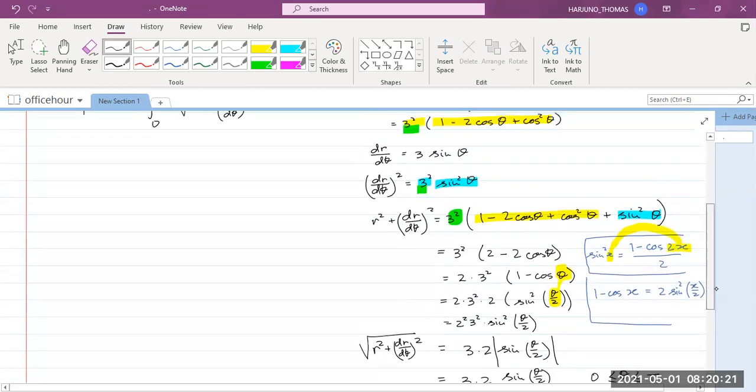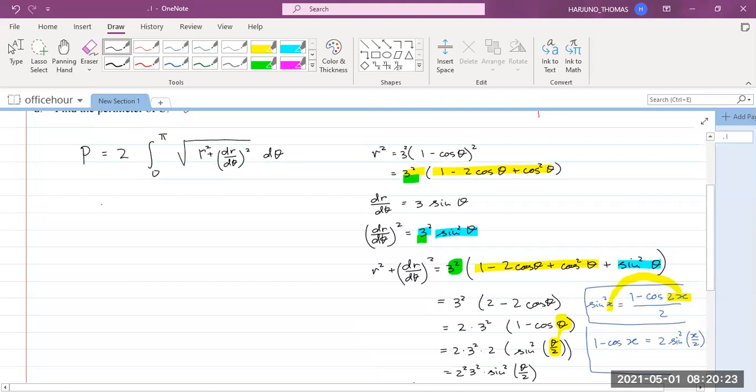Now then, coming back here, this is equal to 2 times the integral from 0 to pi of 2 times 3 sine theta over 2 d theta. Well, you're right, the setup is what takes the longest. From here, it shouldn't be difficult.